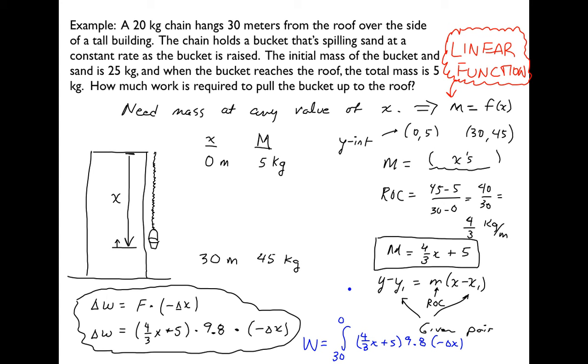Yesterday I had from 0 to 30 and I had this positive, which gives you the same number. But this kind of settles why we were struggling with why is it 0 to 30 and not 30 to 0. Because we start when it's 30 and then 29, 28, 27, little by little, moving it up. But those delta x's are in the opposite direction of positive x.